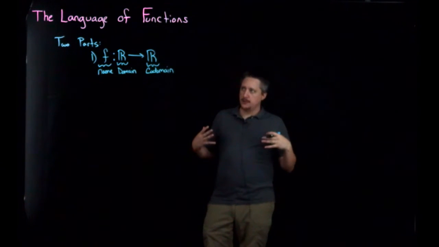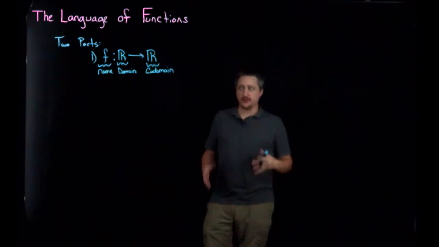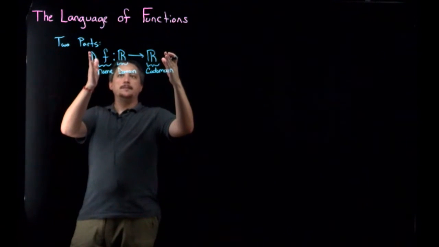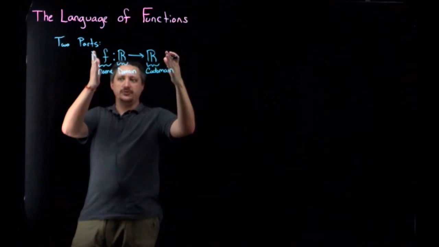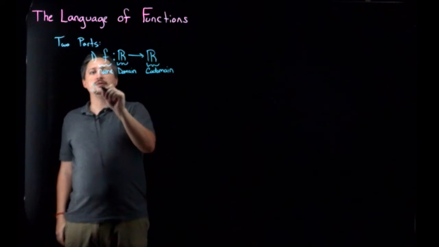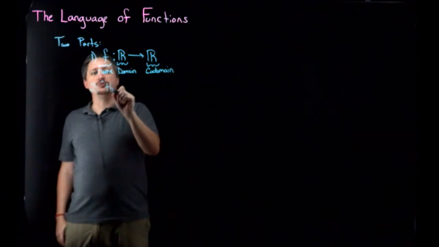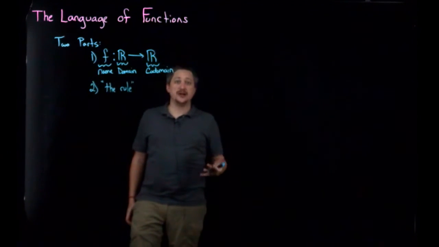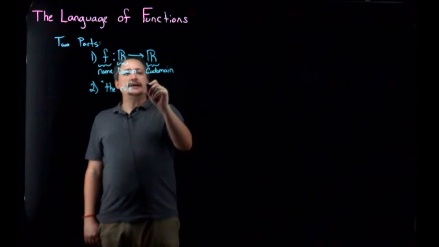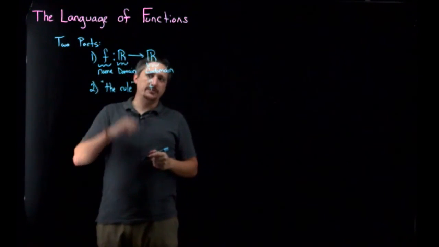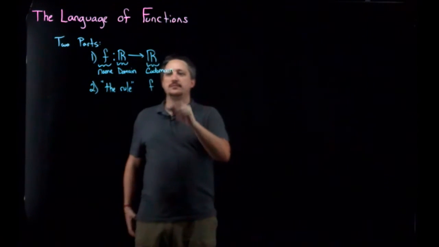Now, the second part is the part you're probably more familiar with. This is the definition of the function in terms of its, what you might call its path. The second part is commonly referred to as the rule. It's basically telling you what that function actually is doing. So here, again, I would do f, because I've named my function. f is the function.